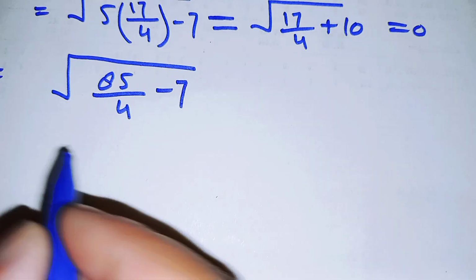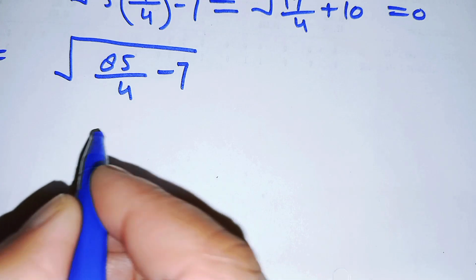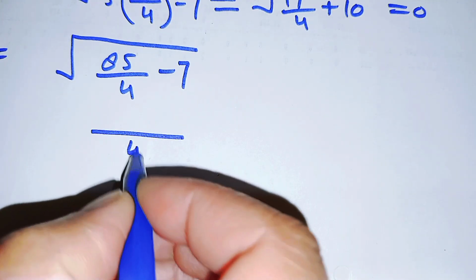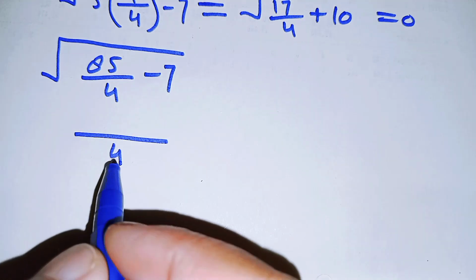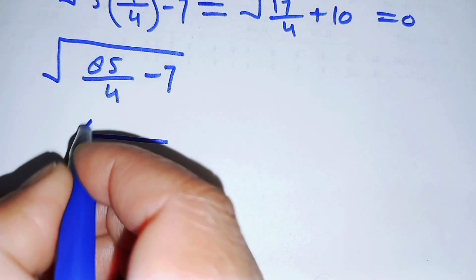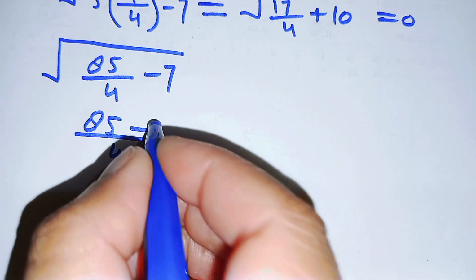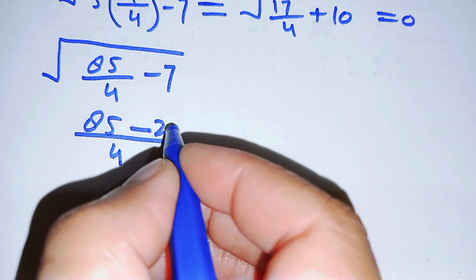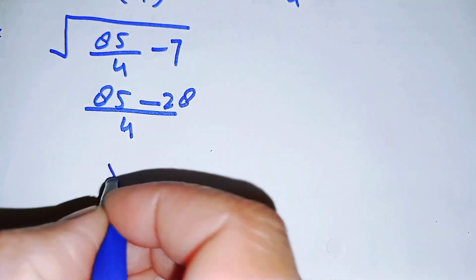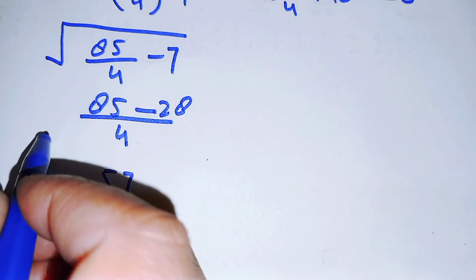And so here we take LCM of denominators. So it can be written as this 4 is common and this 4 ones are 4 and 85 is 85 and minus this 4 sevens are 28. And here 85 minus 28 is equal to 57 over 4.